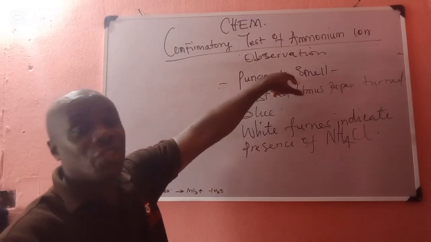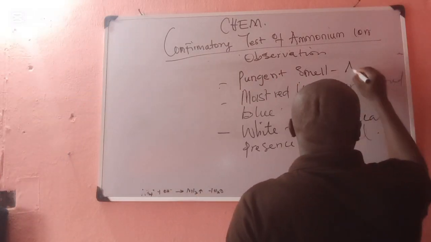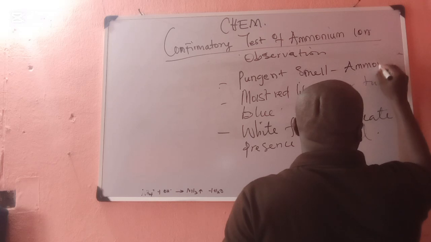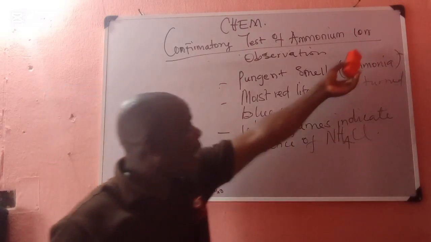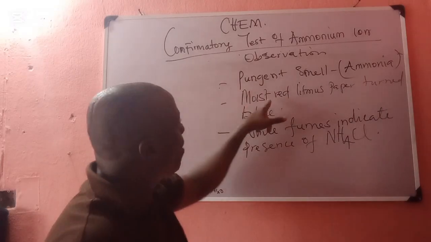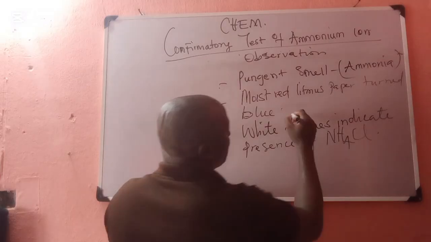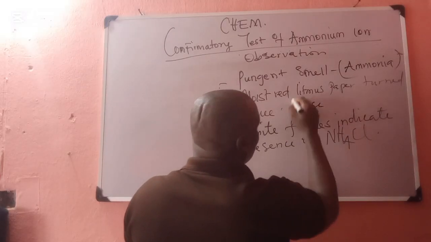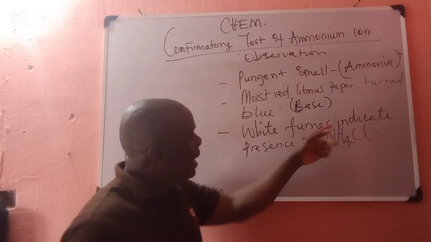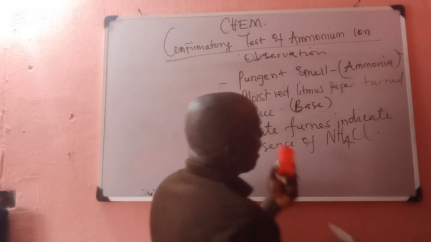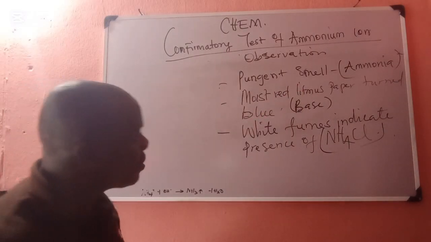The first one, a pungent smell, indicates ammonia. The red litmus paper turning blue indicates that it is a base. And I also mentioned that the white film indicates the presence of ammonium chloride. So these are our observations.